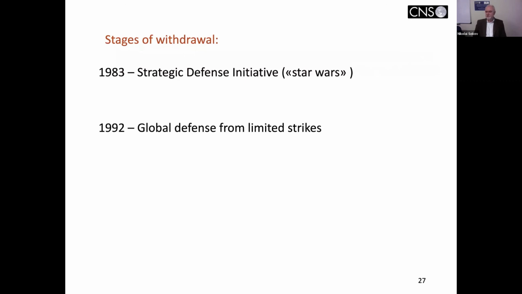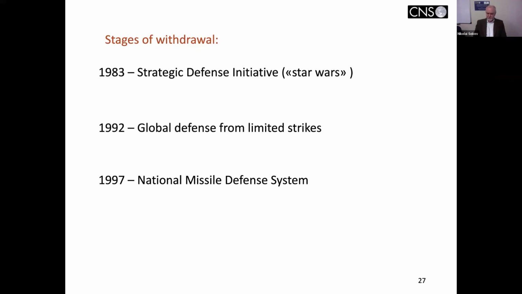But he decided that it would be really good to have a US-Russian joint program to create a very thin joint defense against limited accidental strikes. Unfortunately, that was already '92, and he was not re-elected. But the Clinton administration continued this very skeptical attitude to missile defense until the end of the '90s, when the Republican Party pushed through the plan to create a national missile defense system.